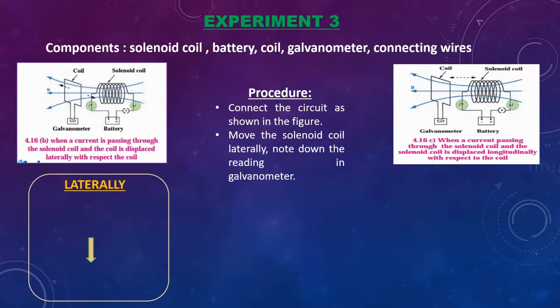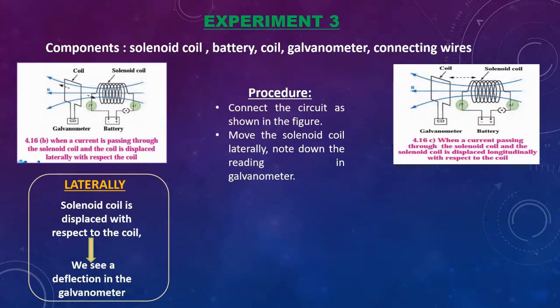So when the solenoid coil is moved laterally, that means the solenoid coil is displaced with respect to the coil, in up and down position. Okay, what happens to the galvanometer?